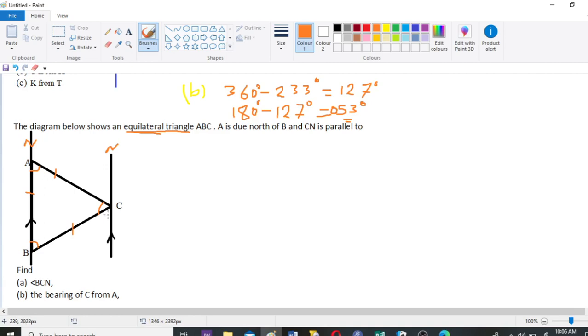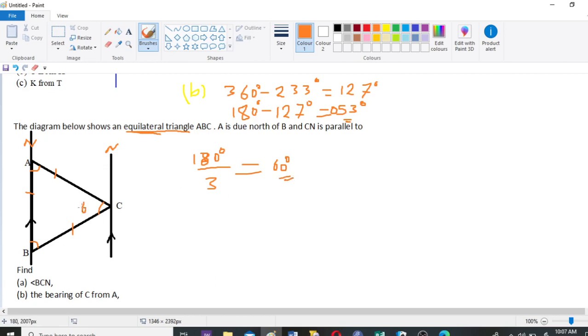So the size of each interior angle of an equilateral triangle will be 180 divided by 3, right? Yes, thanks for that correction.